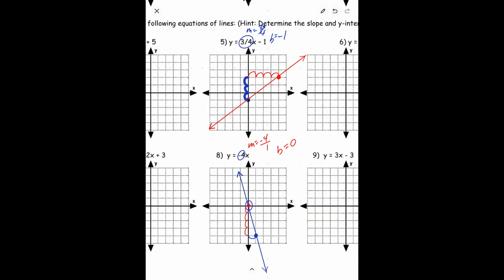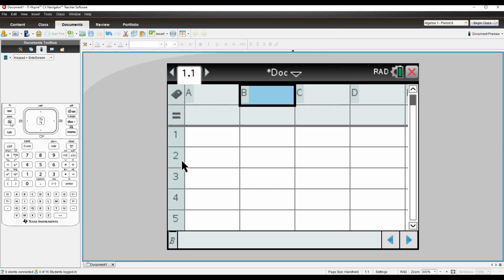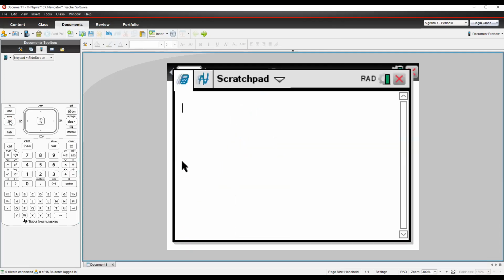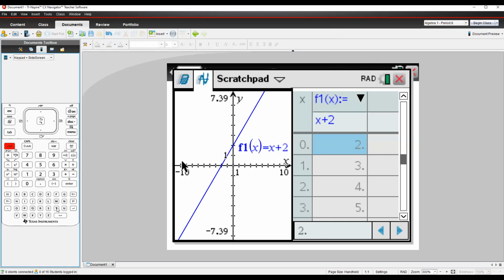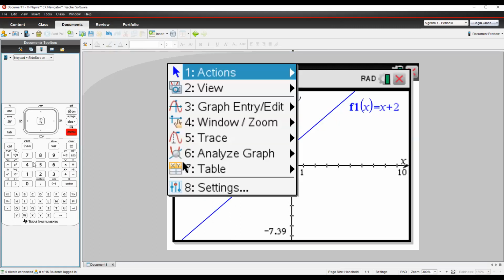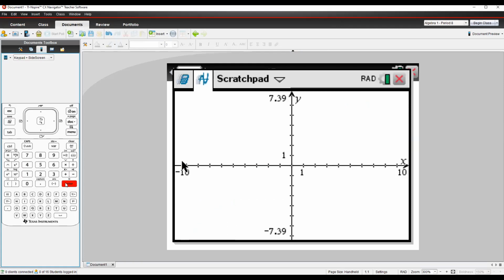Now we can always use the trusty calculator. We could go to our graph. Let me get rid of this table, Control T, and menu 14. And then we could always just enter this.